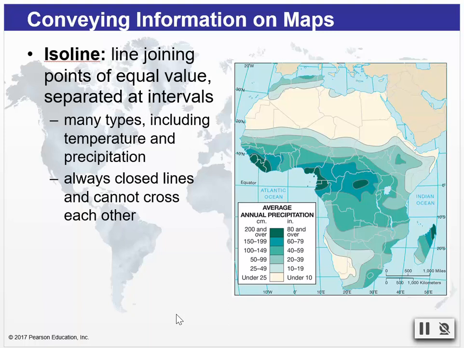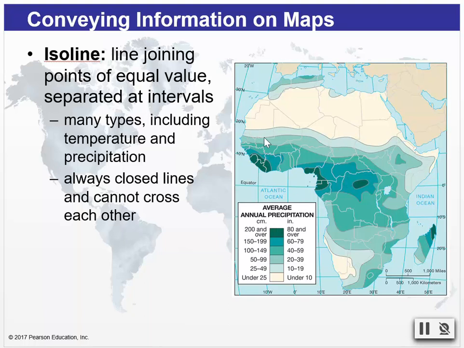One important thing to note about an isoline is that isolines are always closed lines, meaning that they have a start and an end, and that they will never cross over each other. So taking a look at this example map, we can see that we have these lines that are defined and they're showing us different levels of annual precipitation.